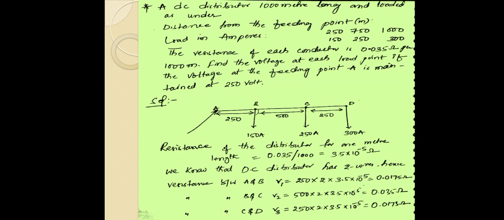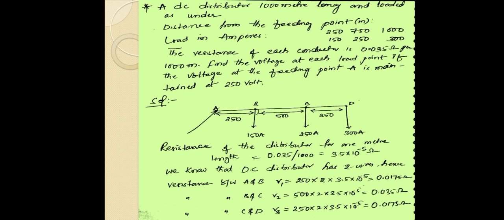At 250 meters the current is 150 amps, that is at point B; at point C it is 250 amps. The distance from A to C is 750, so remember that A to C is 750. Now A to D is 1000.